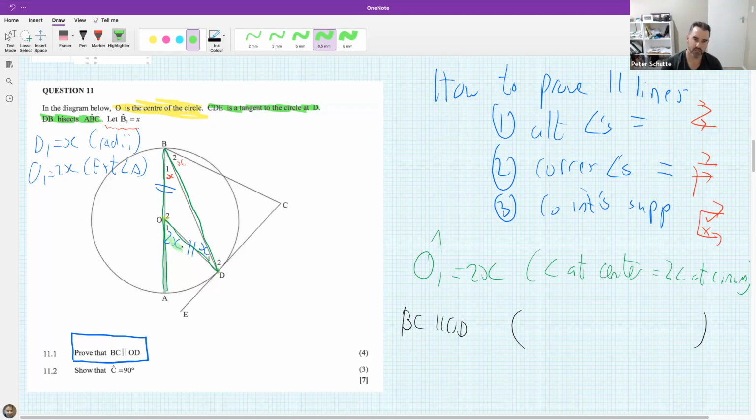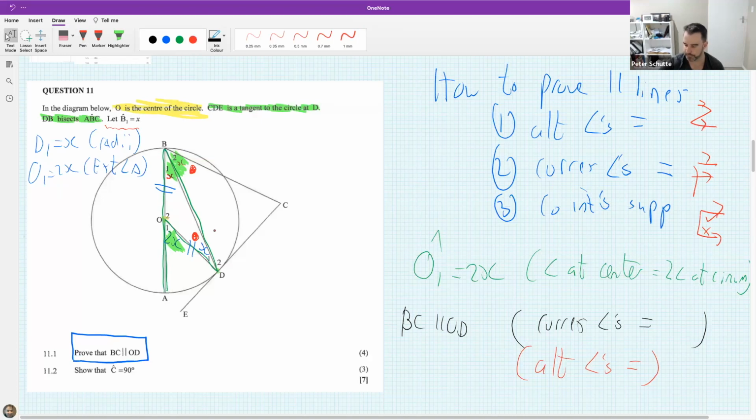Well, if I know that that is 2x, and I know that that is 2x, you would say corresponding angles equal. The other way to do this would be to show, if you've shown that this is equal to that, you could say alternate angles equal, because both of those are x, or you could say both of those are 2x. Both of those would prove that. Okay, so that's how we do this one.